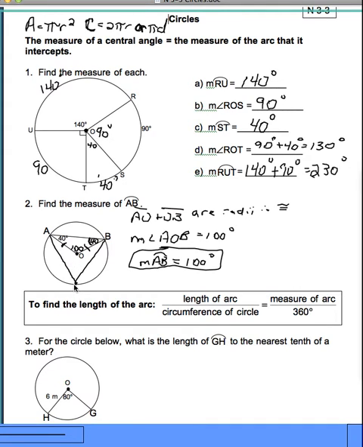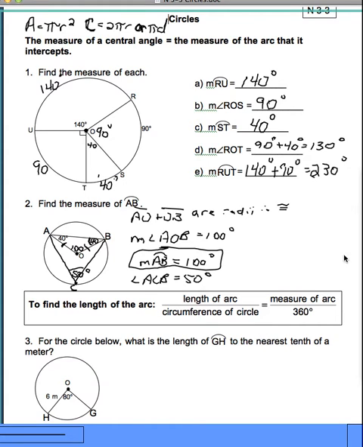So if this was a C, that angle ACB, which they don't ask for, is equal to 50 degrees. It's half the arc length. That's just something you might need to know at some point.